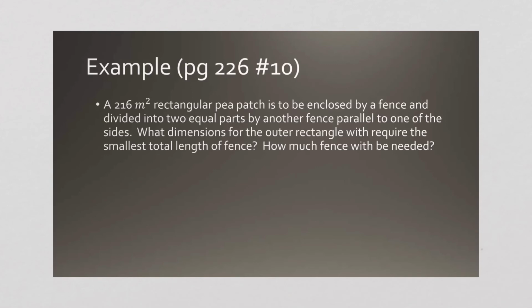A 216 meter squared rectangular pea patch is being enclosed by a fence and divided into 2 equal parts by another fence parallel to one of the sides. What dimensions for the outer rectangle will require the smallest total length of fence, and how much fence will be needed? So, I have a rectangle, and I have a fence in the middle, because I'm cutting this guy in half.